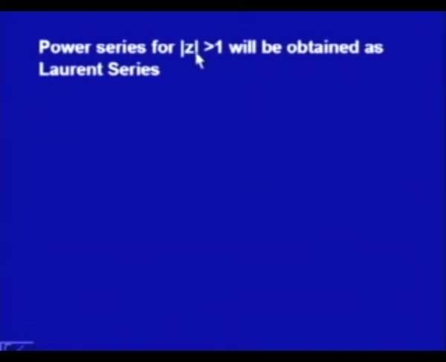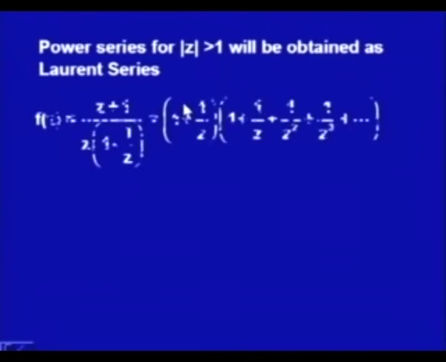But the power series for modulus z greater than 1 will be obtained as Laurent series, and for this we write down the denominator in the form as this. I have taken z outside. So, it is 1 minus 1 upon z in the denominator, and here we expand this also, z can be taken out.